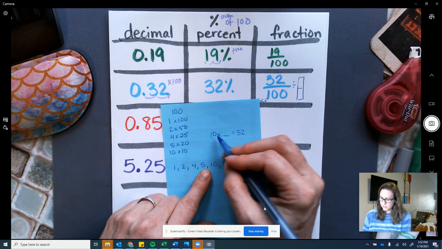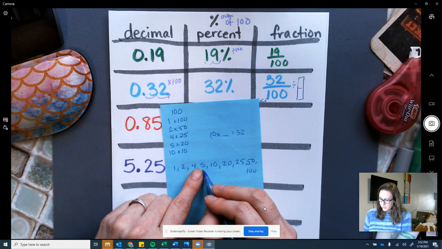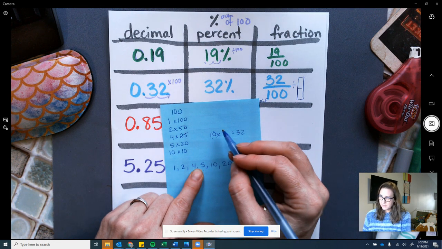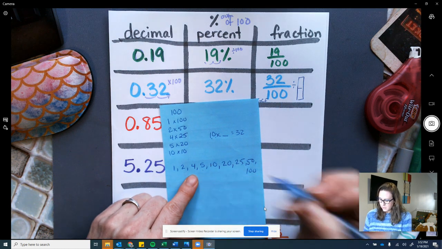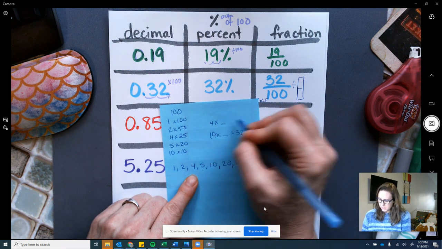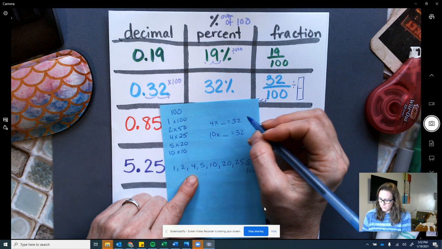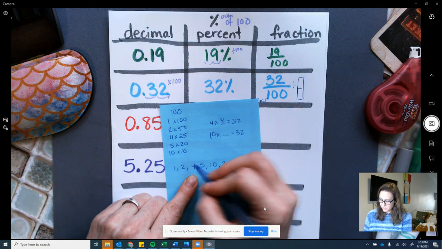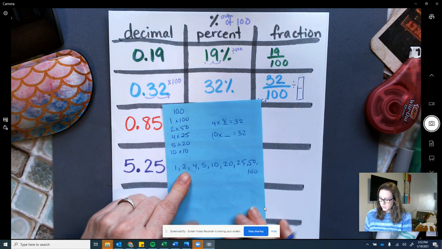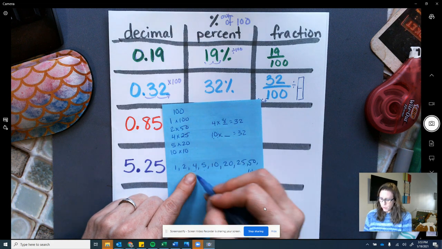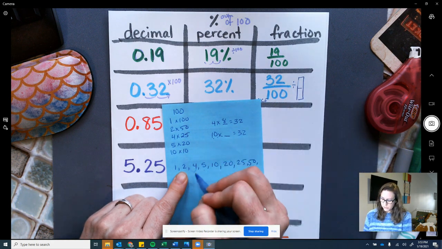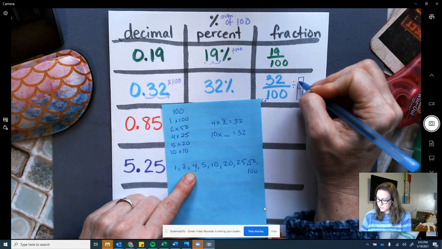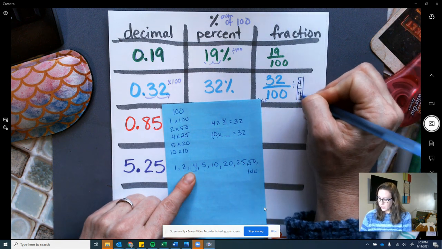No, because it's 10, 20, 30. 5, 10, 15, 20, 25, 30, 35. No, 5 doesn't go into it. 4 times something, does that equal 32? Actually, yeah, 4 times 8. So 4 could be used, and 4 is our biggest number. They're both even, so 2 could be used, but we want to use 4 because it's the greatest common factor.